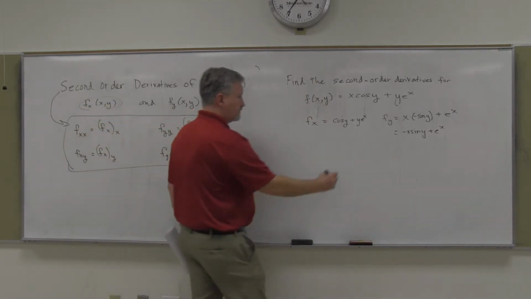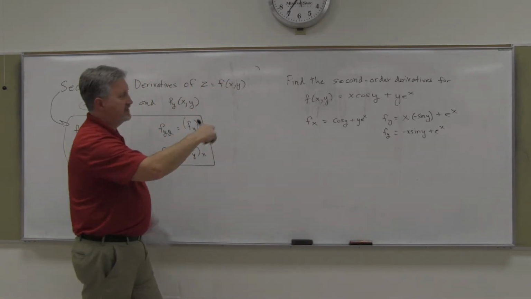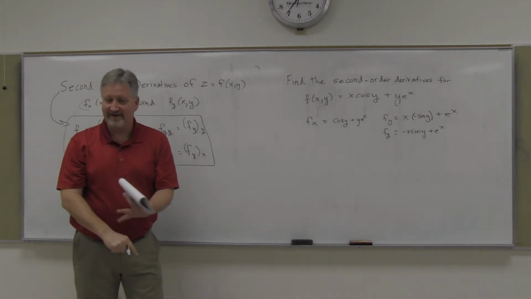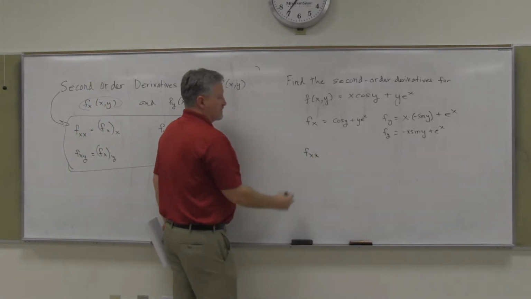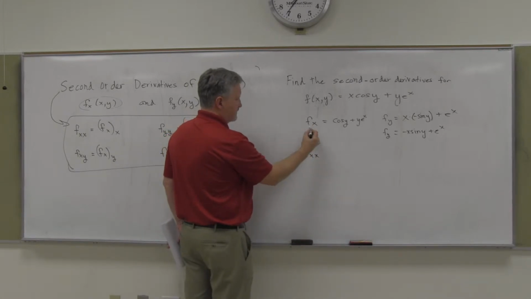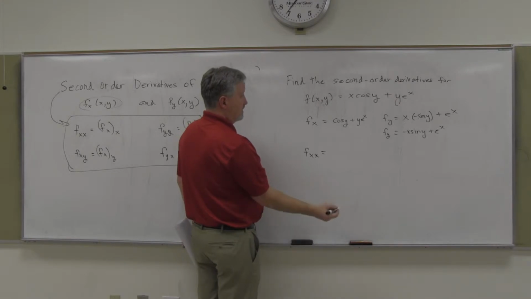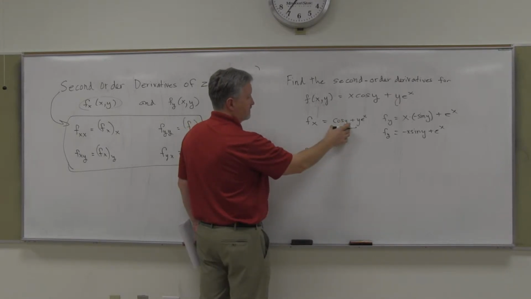All right. For the second order, we take each one of those and do a partial with respect to x and a partial with respect to y. So the second order of this one with respect to x: what would be the derivative of that?